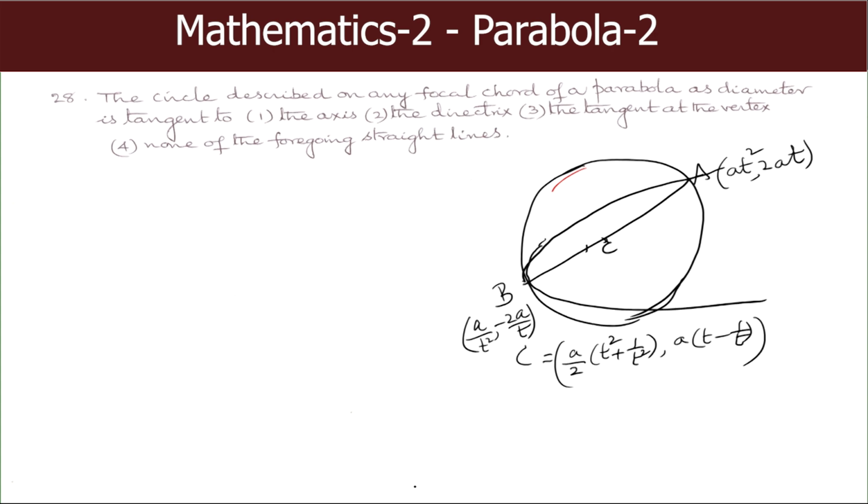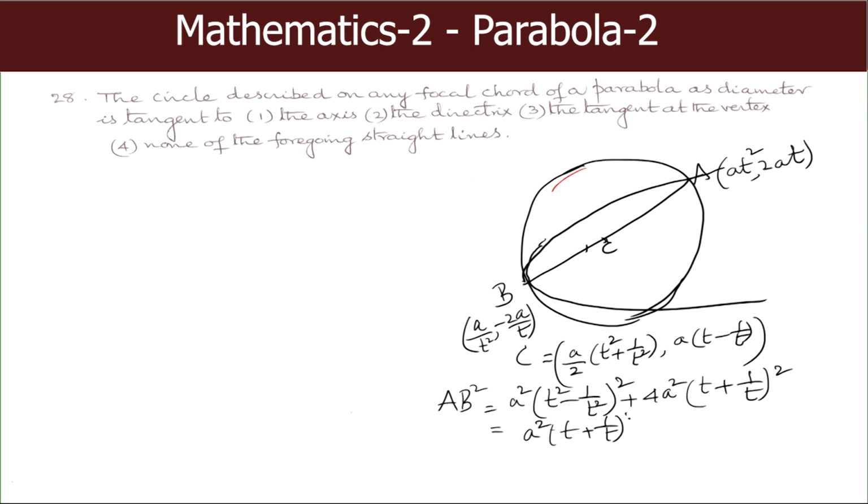And what is the radius? AB is, by the distance formula, a²(t² - 1/t²)² plus 4a²(t + 1/t)². If you take out a² and (t + 1/t)² common, this is (t - 1/t)² + 4, that is (t + 1/t)².